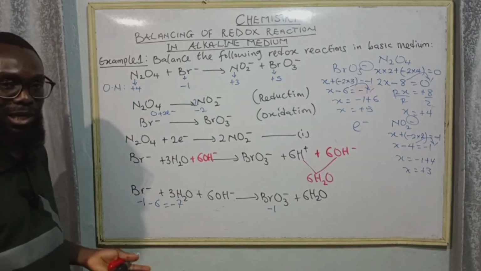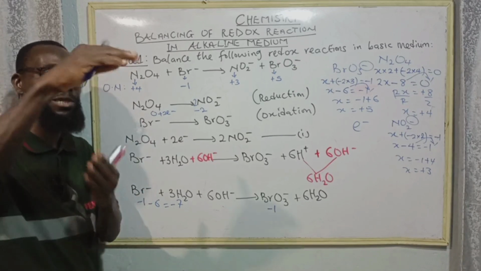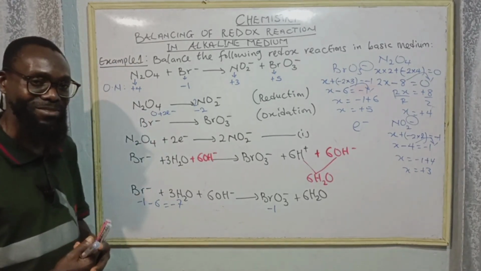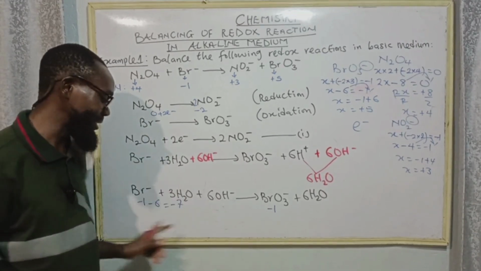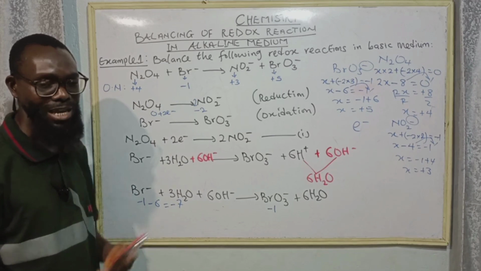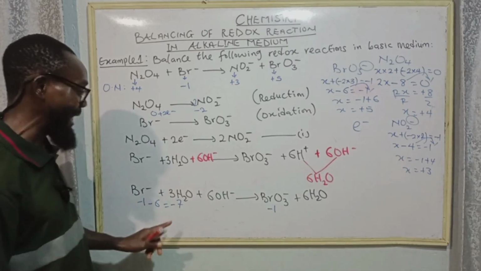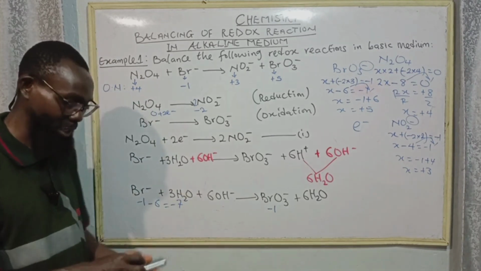I want to balance my charge. I'm going to add an electron to the side that is having higher positive charge. So out of -7 and -1, which one is higher? Yes, of course, it's -1. So -1 is higher than -7. Now, mathematically, we can test that. To test that, let us add a number greater than both of them to both sides.